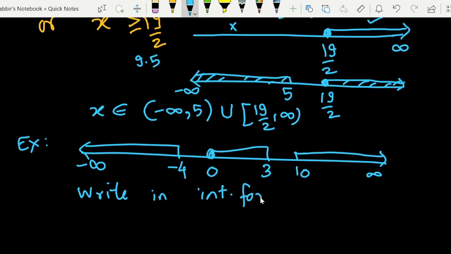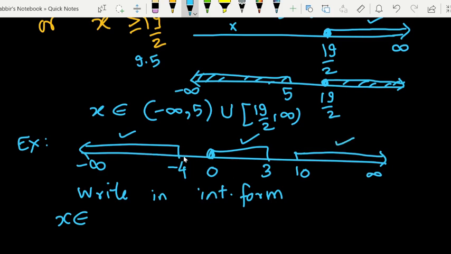Okay, so again, you might have correctly guessed it. We will start from the left hand side. There are three sets of solutions present on the number line, scattered on the number line. One is this, another is this, another is this.